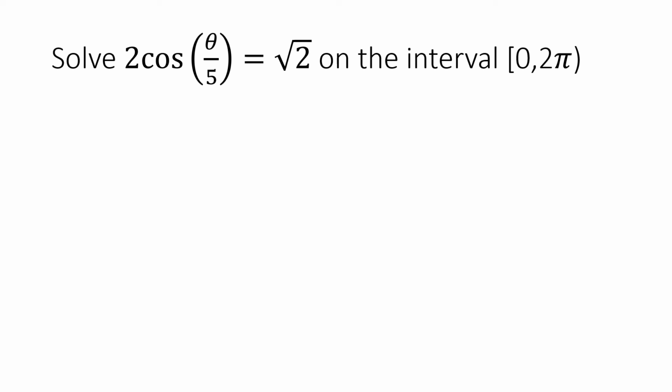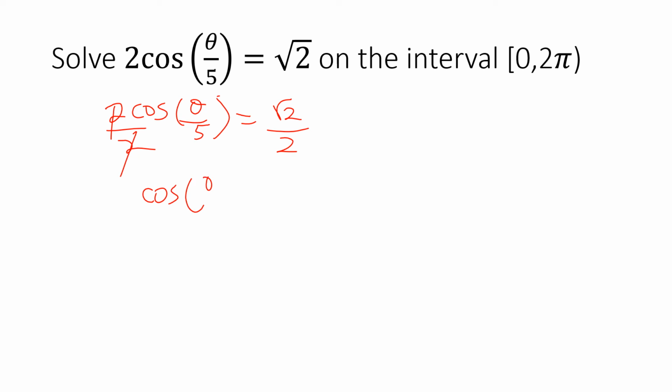Solve 2 cos(θ/5) = root 2 on the interval 0 to π. When we have this, we'll divide both sides by 2 to isolate the cosine function. So cos(θ/5) equals root 2 on 2.